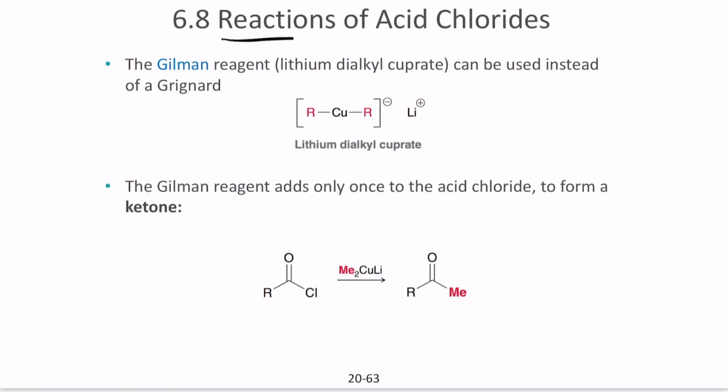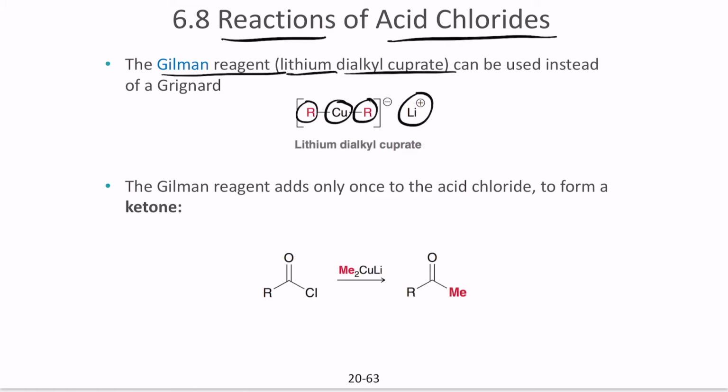Next, let's take a look at reactions of acid chlorides. What are the common reactions? One of the reactions, instead of the Grignard reagent, uses what we call the Gilman reagent. Gilman reagent is lithium dialkyl cuprate, where we have lithium on one side and copper with two side chains attached to it. We can use that instead of the Grignard reagent.